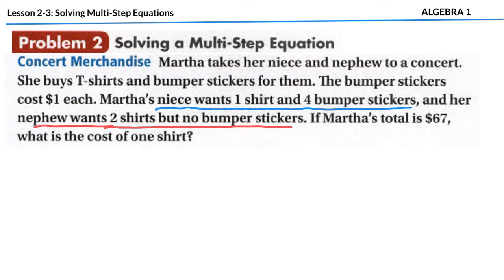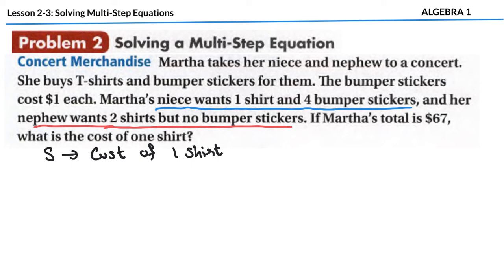So, let's do this. Let S be the cost of one shirt. Now, regarding the niece, what does she want? She wants one shirt and 4 bumper stickers.